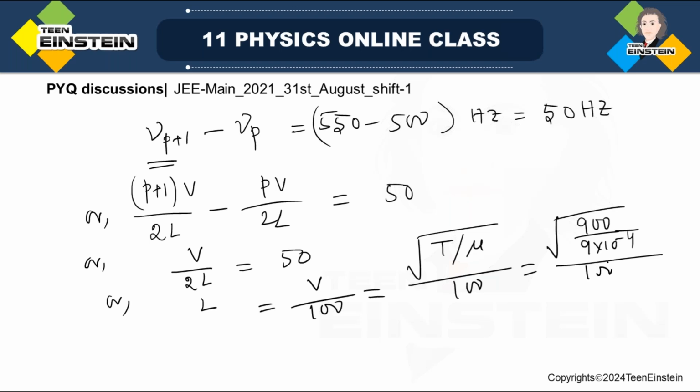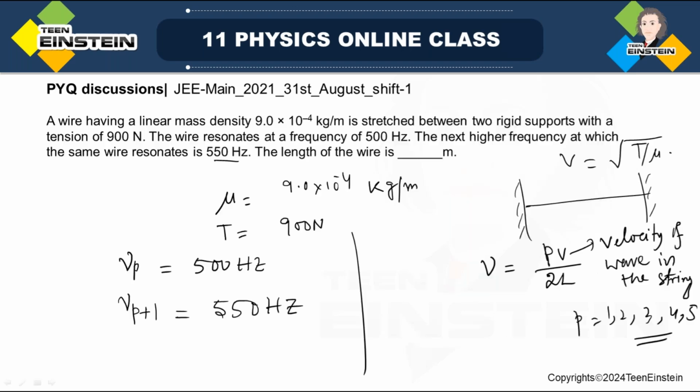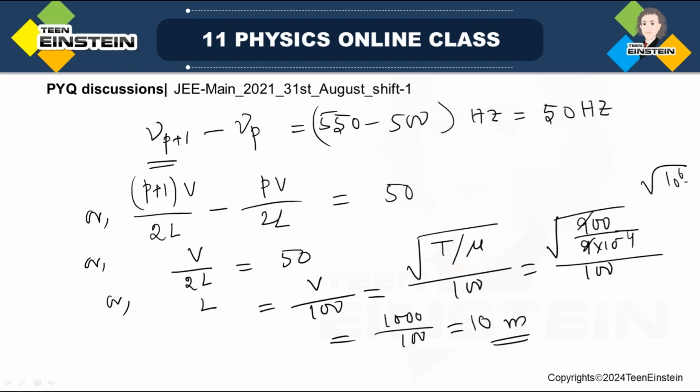So this will be 10 to the power 6, square root of 10 to the power 6 is 10 to the power 3, so I get 1000 by 100, that means it is 10. So the length of the string will be 10 meter. All right, so let us go to the next problem.